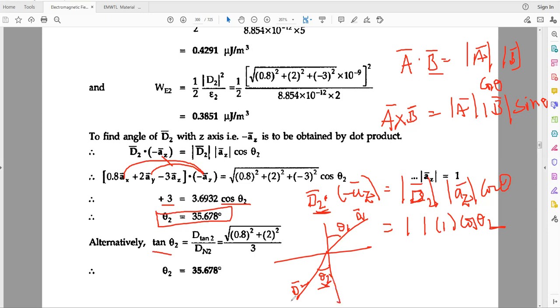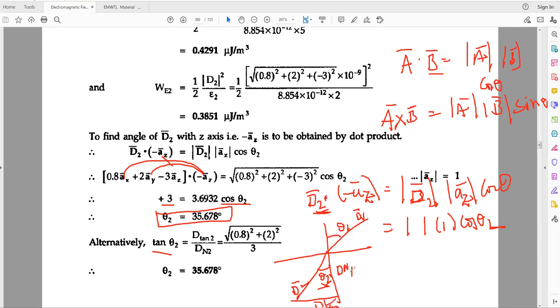And the last one, alternately, tan theta 2 is equal to D tan 2 by D n2. Let us take this as a normal component, Dn2, and the tangential component D tan. Tan theta is the opposite side by the adjacent side.